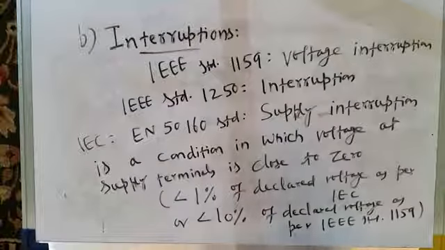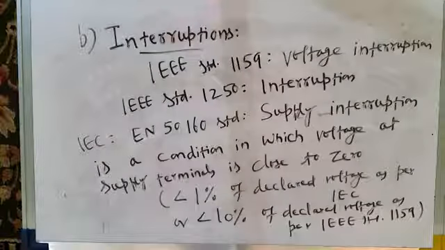So we say that an interruption has occurred if voltage at supply terminals has become very close to zero.